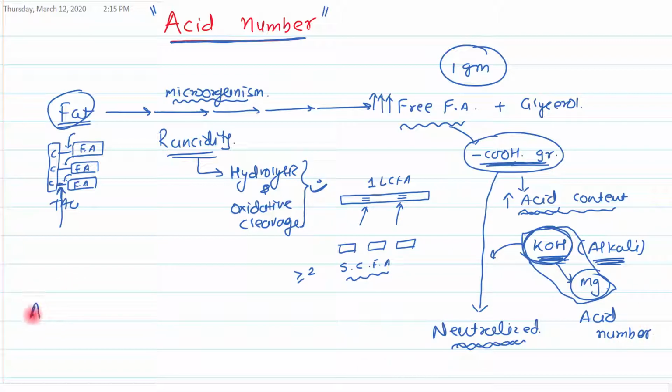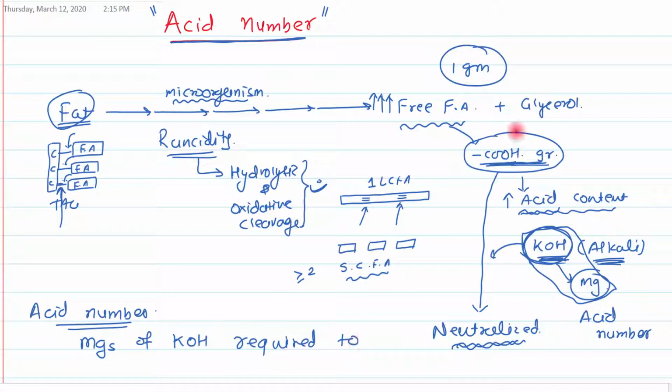So what is acid number? Acid number is the milligrams of KOH, that is potassium hydroxide, required to neutralize the COOH group, the carboxylic group of fatty acid, from 1 gram of given fat.